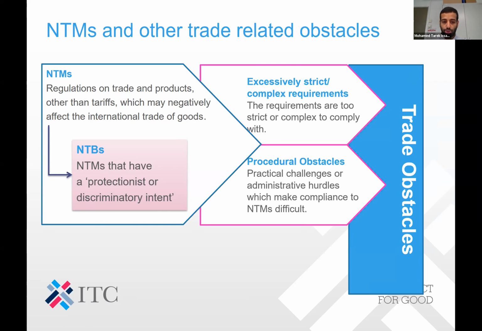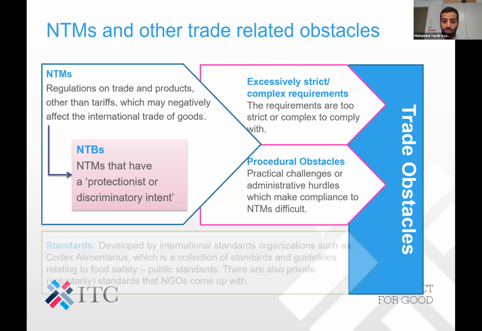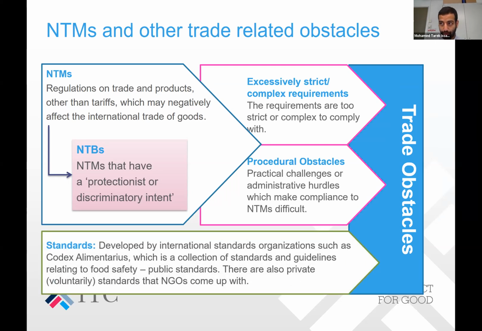Another important concept when it comes to trade-related obstacles are standards. So standards are not NTMs, because again, NTMs are the regulation set by the government and imposed by law. But standards, and we have different types of standards. We have public standards, so standards that are created by international organizations.